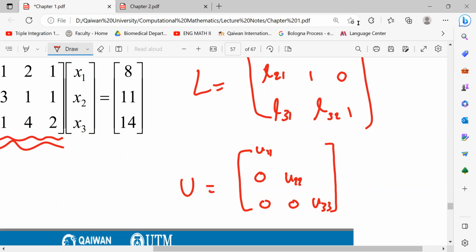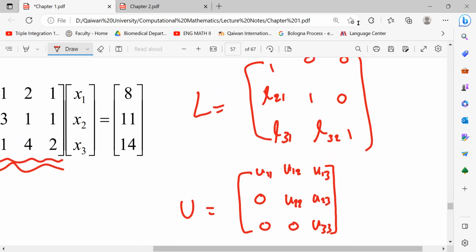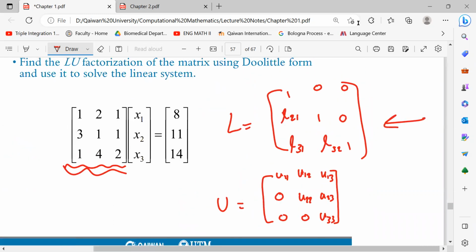So it's U12, U13, U23. These are the elements of U. And the above one is L, and this is U. These are matrices L and U.